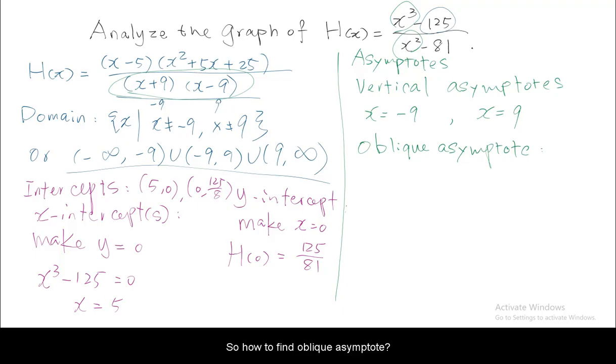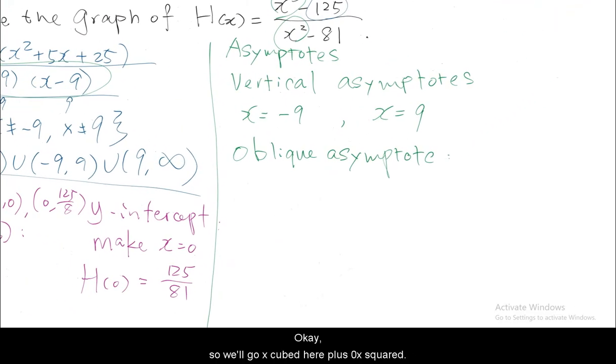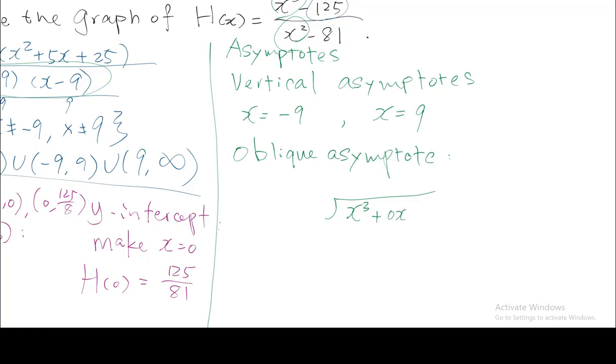So how to find the oblique asymptote? We'll use long division. Okay, so we'll write x cubed plus 0x squared, because we're missing the x squared term, plus 0x, also missing the x term, then minus 125.